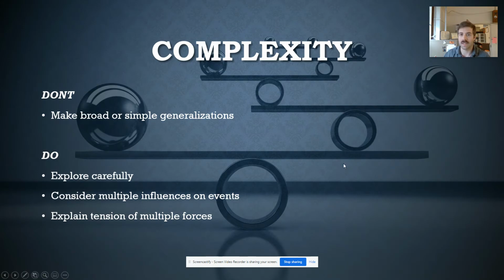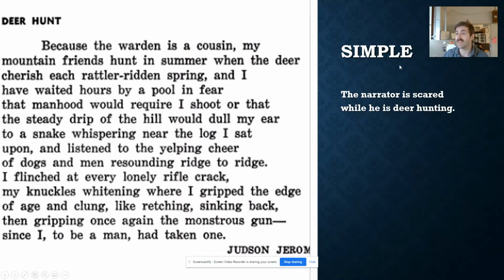Let's practice this. I'll give you an example of a really simple generalization for an idea. Here's a short poem called Deer Hunt by Judson Jerome. Because the warden is a cousin, my mountain friends hunt in the summer when the deer cherish each rattler-written spring.